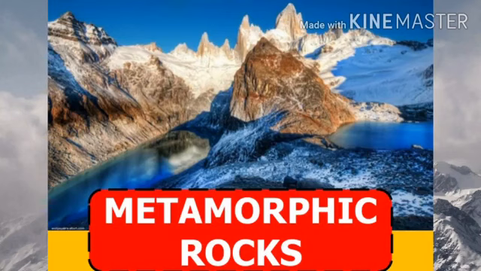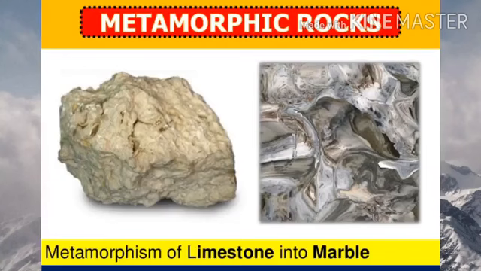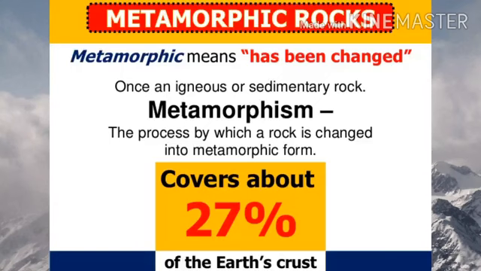Igneous and sedimentary rocks can change into metamorphic rocks under great heat and pressure. For example, clay changes into slate and limestone into marble. So, let's see our third part of rocks, which is metamorphic rocks. Metamorphic means change or alter in form or nature.